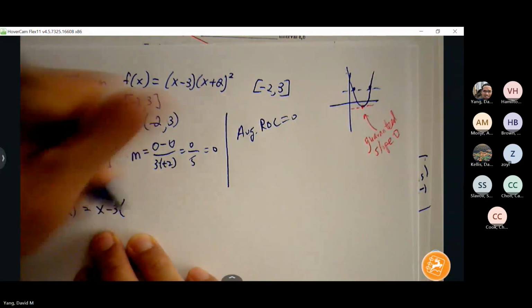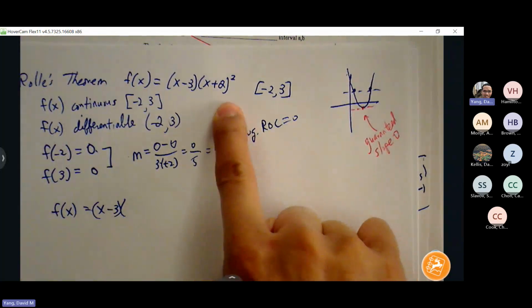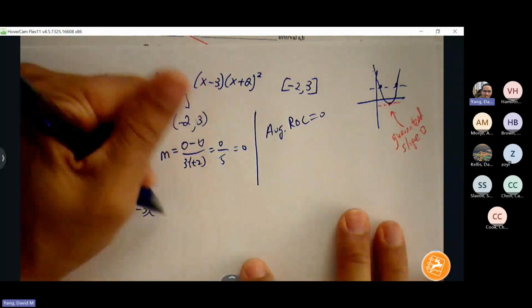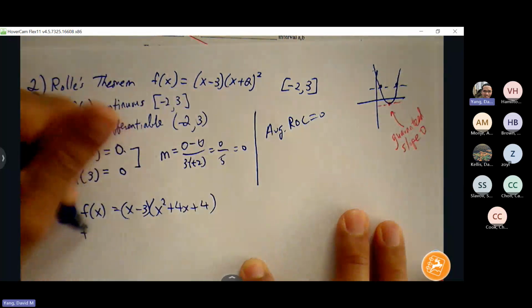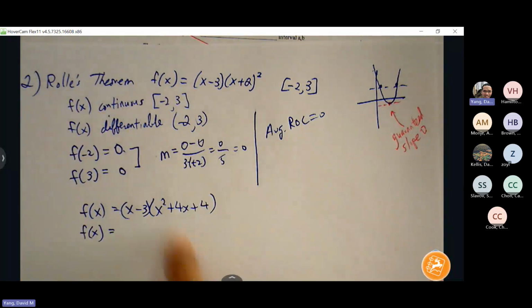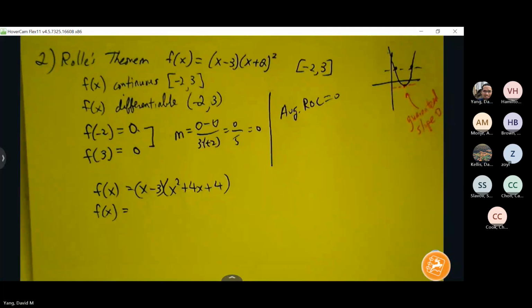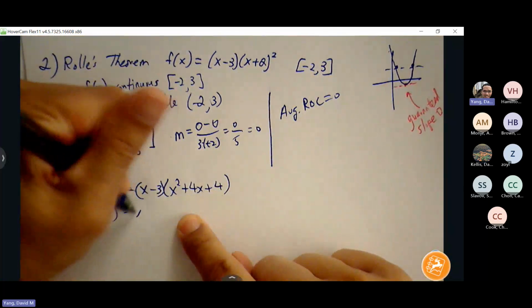So if I just FOIL this out here, x squared plus 4x plus 4. It takes a little bit longer, but I can avoid product rule if I just clean this up a little bit more.